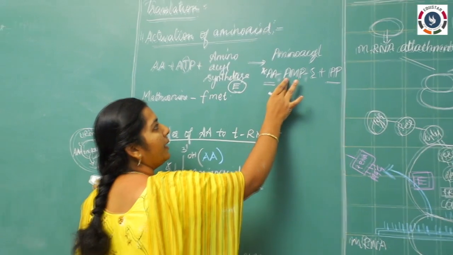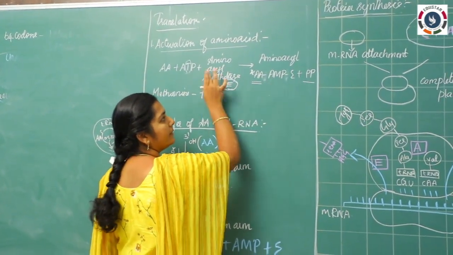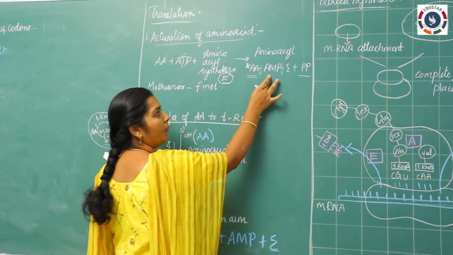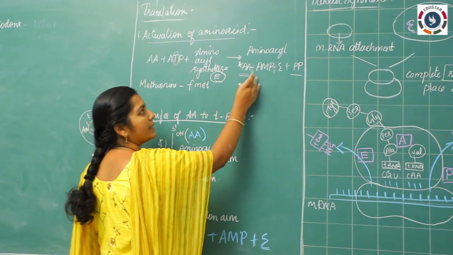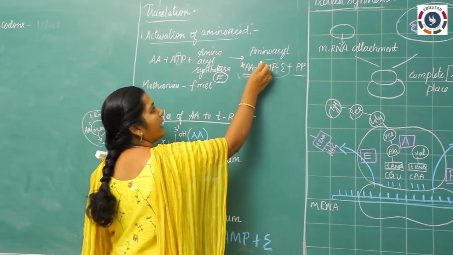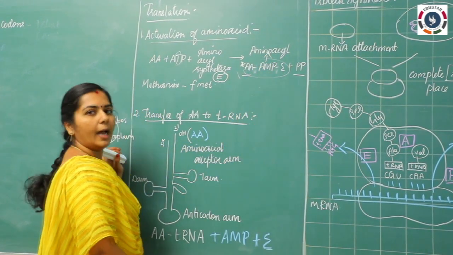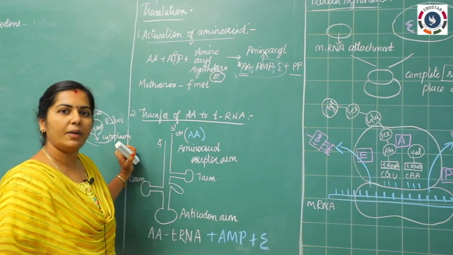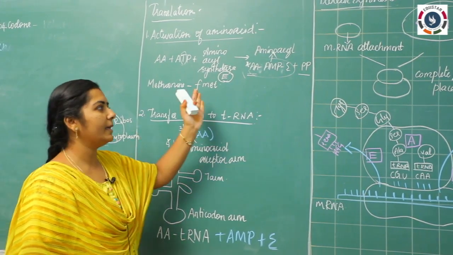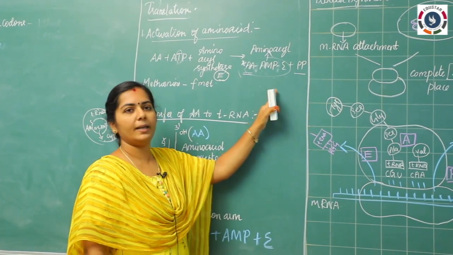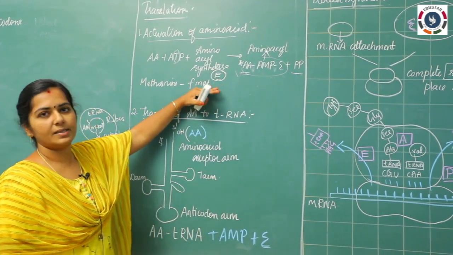So ATP is converted into AMP. The triphosphate has converted into a monophosphate along with the enzyme complex. This complete set we call aminoacyl. Aminoacyl is nothing but an activated amino acid, and the two phosphates got eliminated. Clear? So this is the first step.